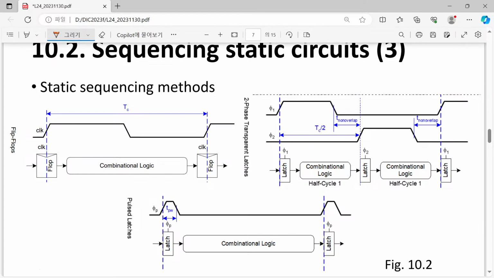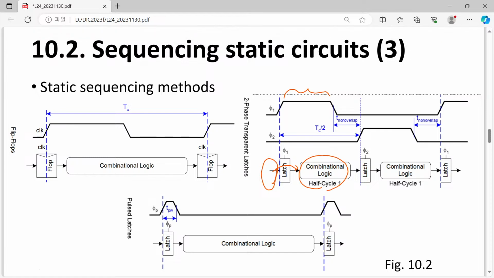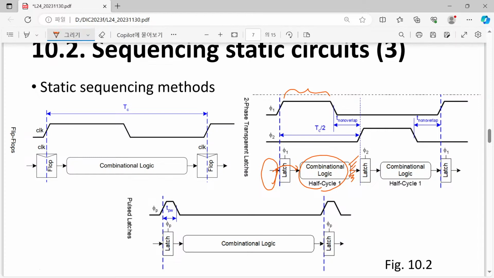So here we are using the latch. Now the clock is open, then our prepared signal comes in and it is processed in this logic operation. After that, some time later, we will have a prepared output.